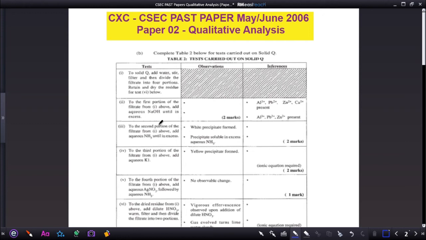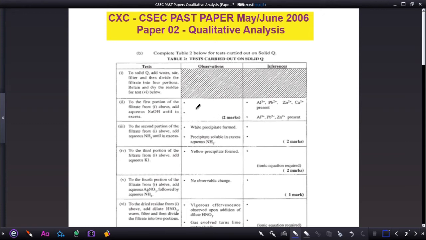Moving on to part 2, to the first portion of the filtrate from 1 above, add aqueous sodium hydroxide until in excess. The inferences stated that aluminum ion, lead ion, zinc ion, and calcium ions are present. In excess, the aluminum ion, the lead ions, and the zinc ions are present. That's for in excess.